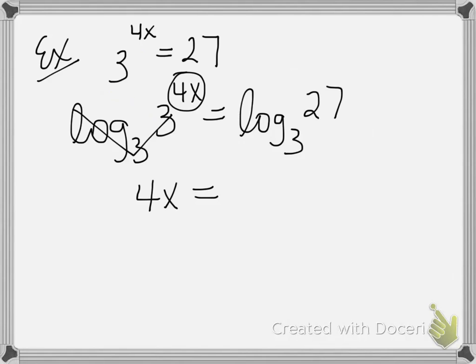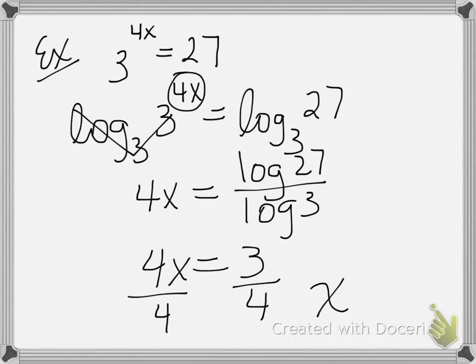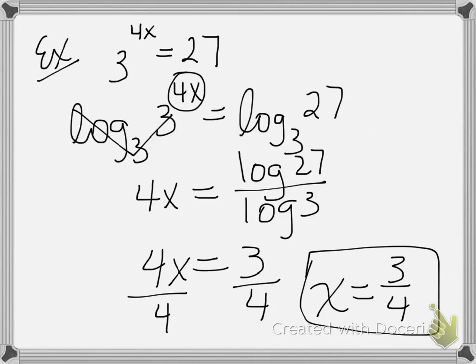And log base 3 of 27 we're going to rewrite as log 27 divided by log 3. So 4x equals, I'm going to put log 27 divided by log 3 into the calculator, and it turns out to just be 3. So divide both sides by 4, and your solution is x equals 3 over 4. Just like that.